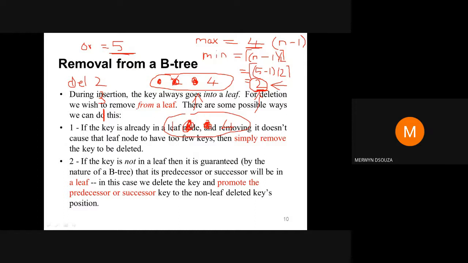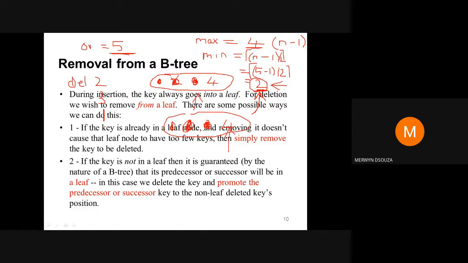I had 2 keys, which was still greater than or equal to this number, so it was fine. But when I deleted 1, I had only 1 key left, which was less than this number, so it was not fine. Because the minimum number of keys in a B tree of order 5 should have been 2, and I have only 1 key left.